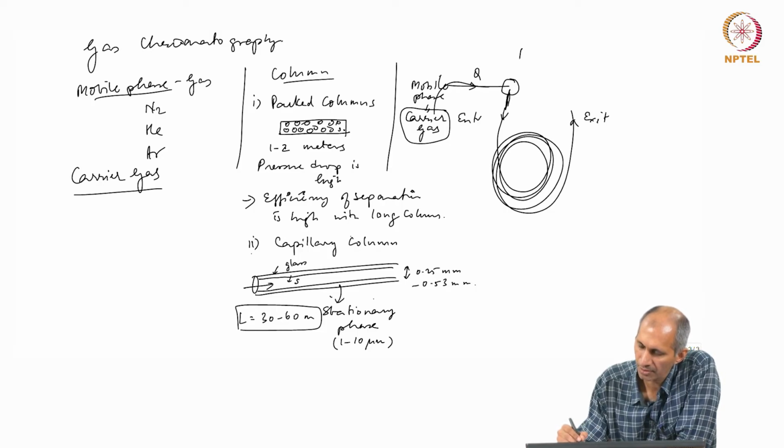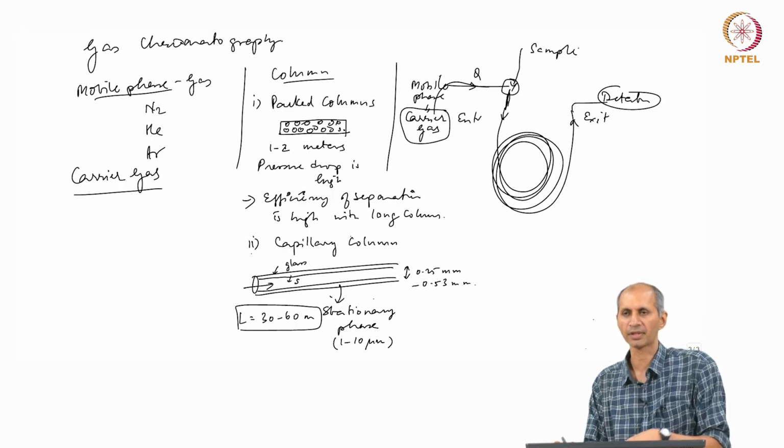Here I have to introduce my sample. This is where we stopped last time. And right here we have a detector at the exit of this column. This is the schematic of this.